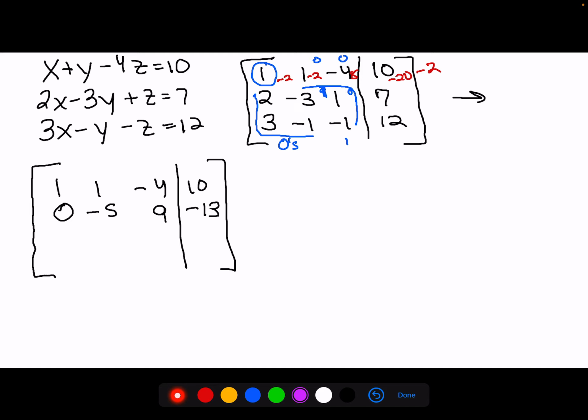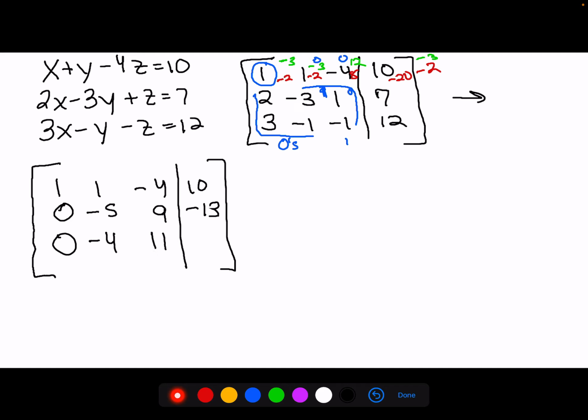And if I use the same kind of thinking, and take the first row and multiply by negative 3, I'd have negative 3, and 12. Add that to the third row. Negative 3 plus 3 is 0. Negative 3 plus negative 1 is negative 4. 12 plus negative 1 is 11.